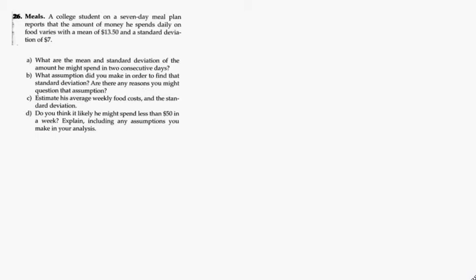This is a continuous random variable that we've been given, and all they're asking us to do is find, let's just call the amount that he spends x, to keep things simple. So what's the expected value of 2 days?